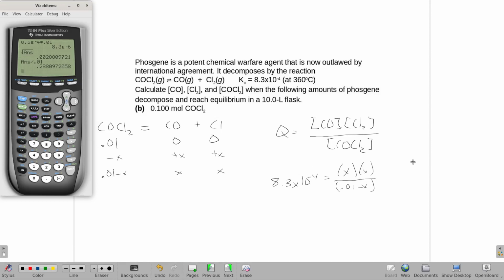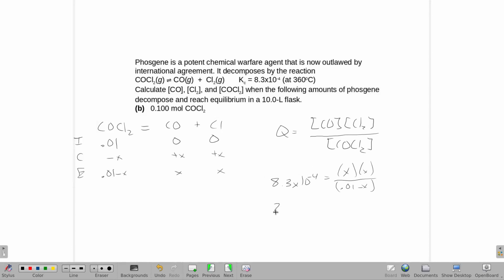Alright, so because of that, we actually have to do the quadratic, because we're going to move this over, make this 8.3 times 10 to the negative 6, and 8.3 times 10 to the negative fourth x equals x squared. So manipulating again, x squared plus 8.3 times 10 to the negative fourth x minus 8.3 times 10 to the negative 6, and then we plug that into our quadratic equation.